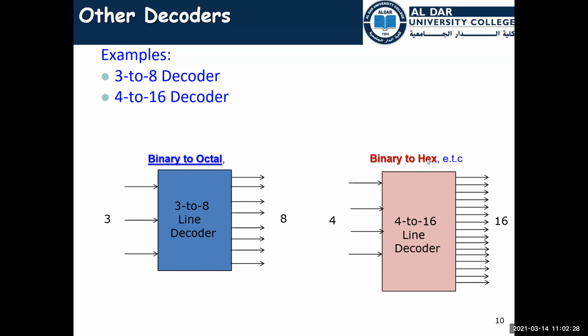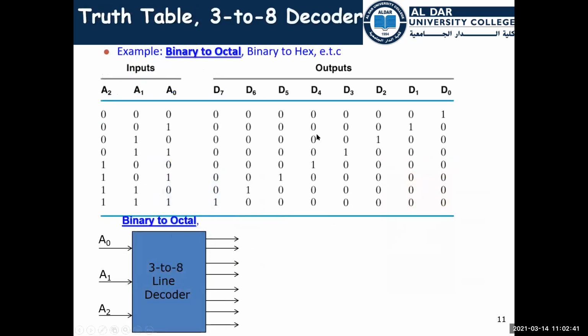So you will not be confused about the number of inputs and the number of outputs. Okay, so we have these types of decoders: 3 by 8 and 4 by 16.